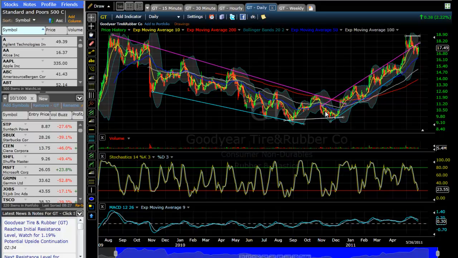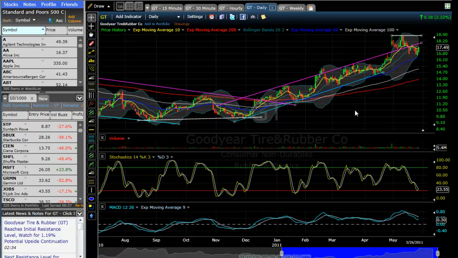Now again, like Sprint, the second entry point high probability setup is the retest of this upper trend line, which is where I got in. Many of you noticed, for you newer traders, you may not have been with us long enough to know that I traded this ascending channel as well on GT, where I would buy the 20 EMA if it didn't break down, and I would stay in the trade if the 20 EMA didn't break down.